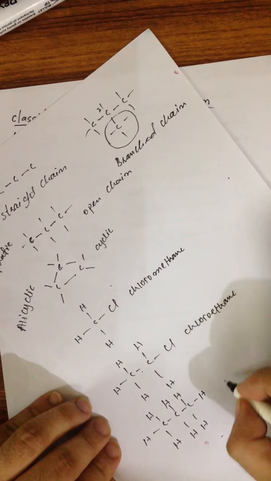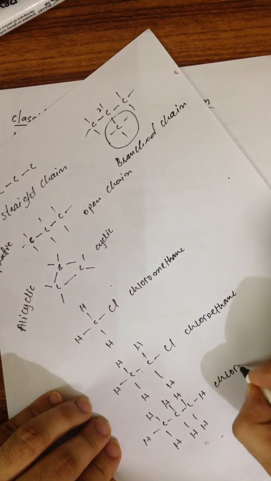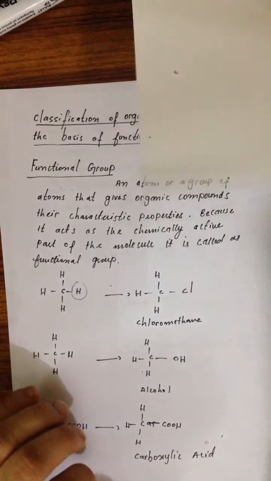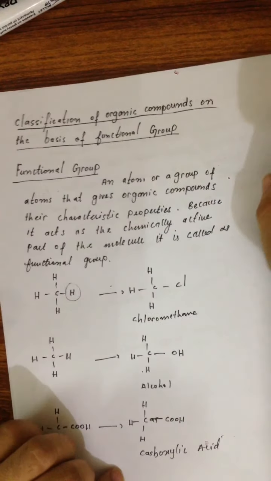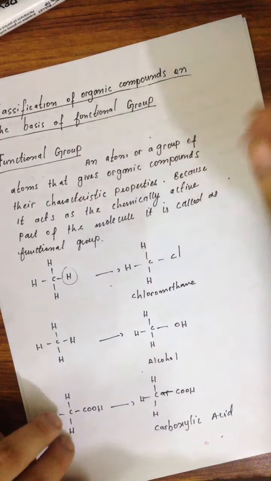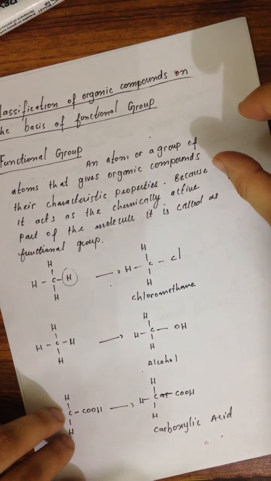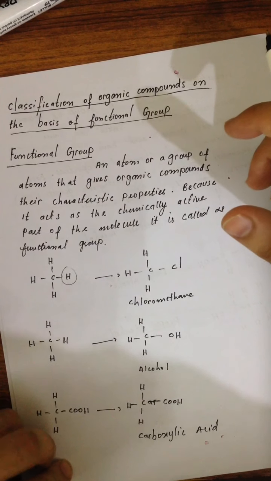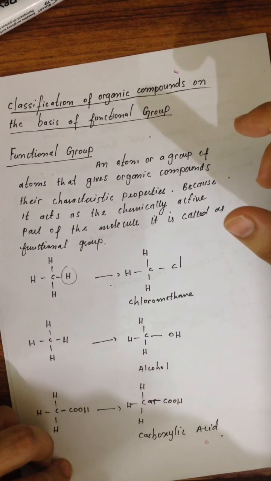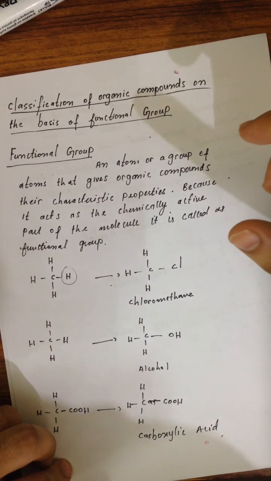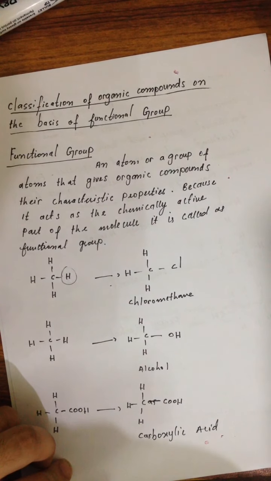You can see just by replacing one of the hydrogen atoms, we can have a totally different series of organic compounds. That is why there is this diversity of compounds in organic chemistry.